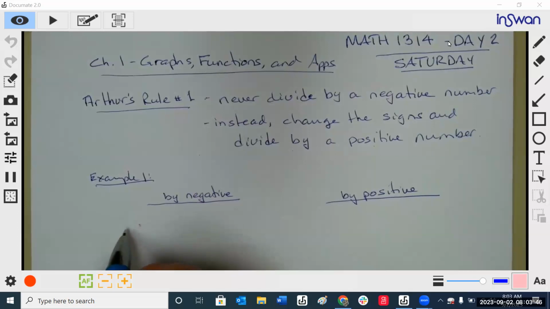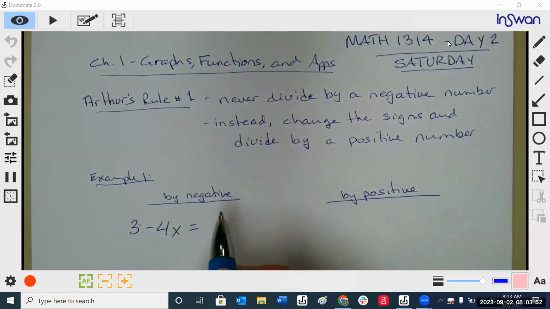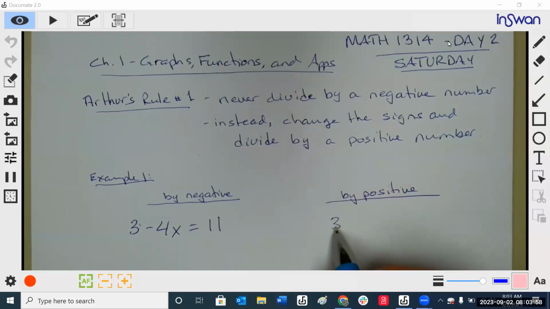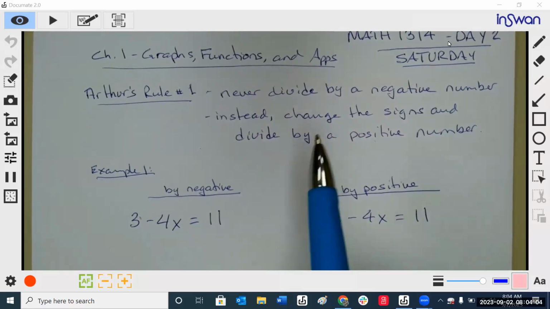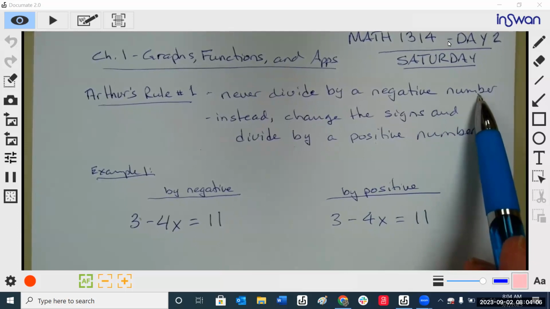So for example, here's our equation. We're going to do the same on both sides. Again, the rule says never divide by a negative number.